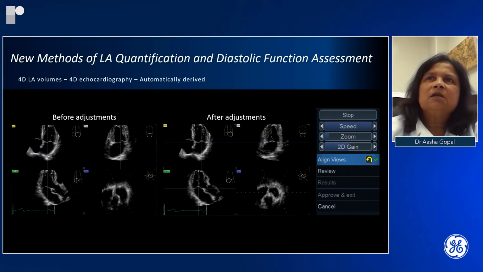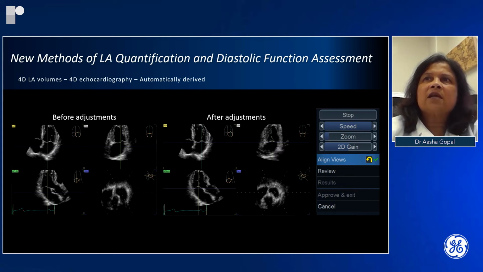So once 4D auto LAQ has been launched, the 4D data is depicted in 3 equiangular views that vary by 60 degrees each. You can see that on the short axis views on the extreme far right. So in that quadrant, the 3 60-degree views can be visualized.